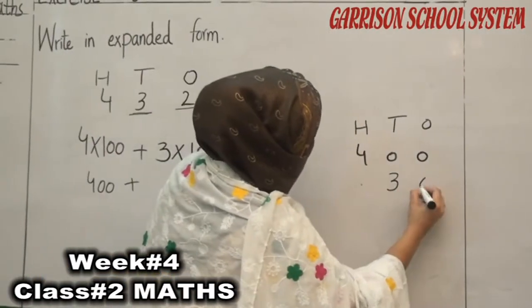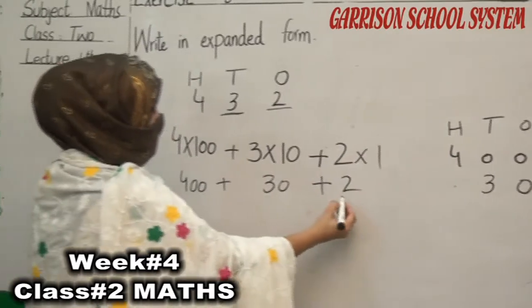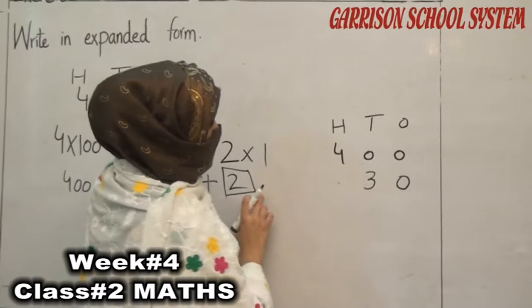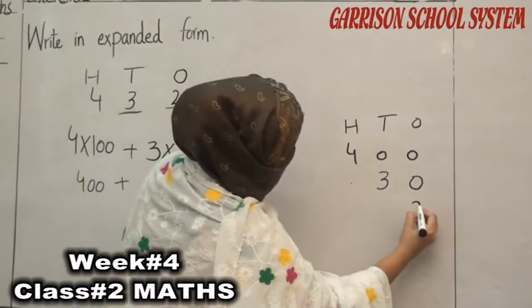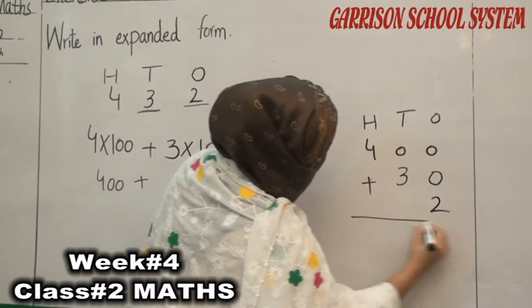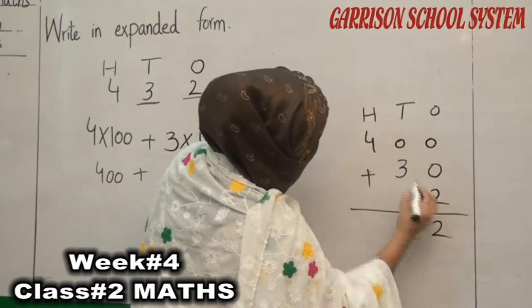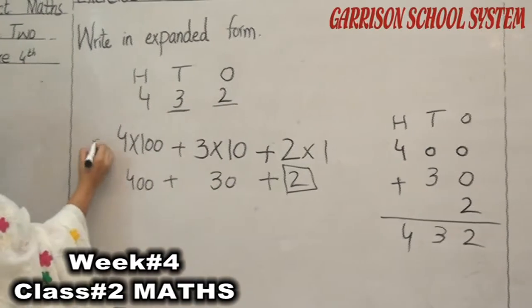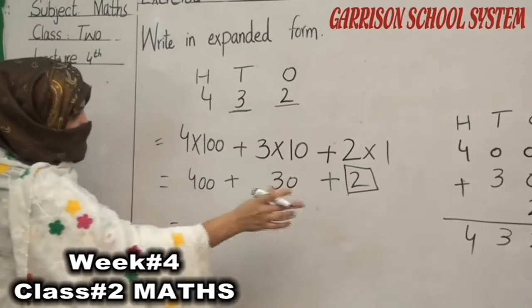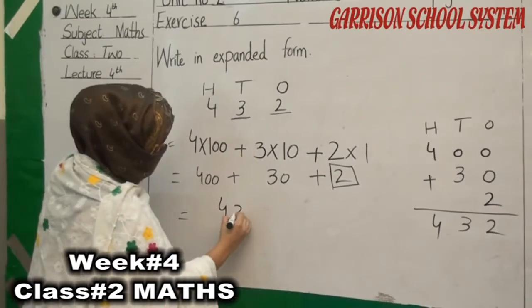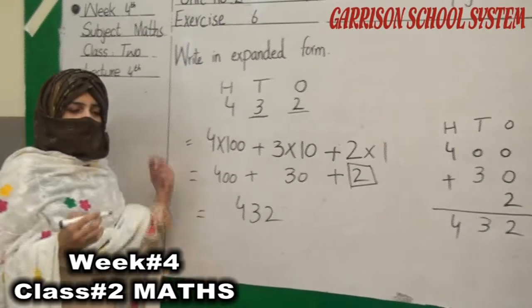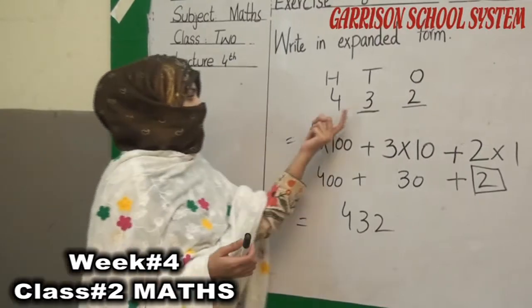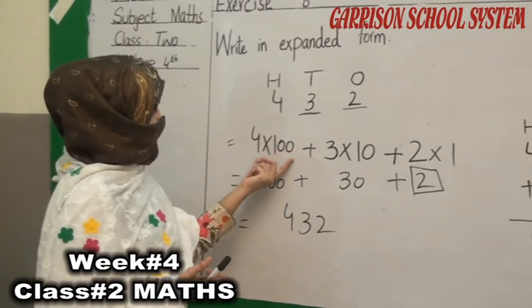The value of 2 is only ones, so we write the number 2 under the ones. Now add these numbers. Which number do we get? 432.